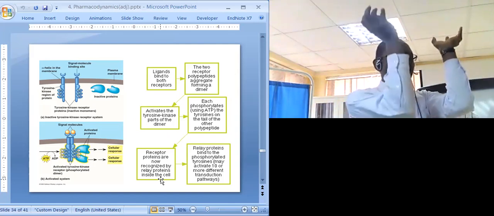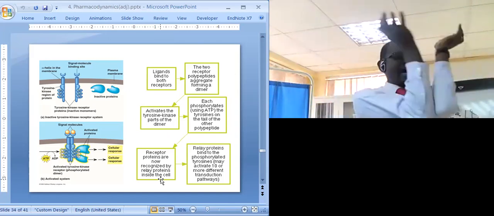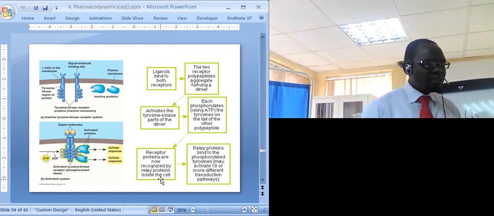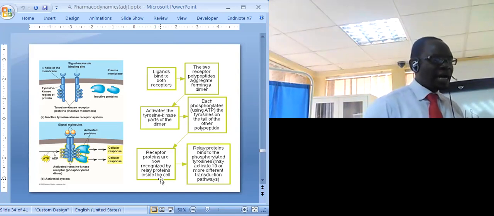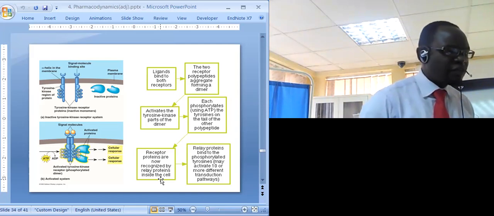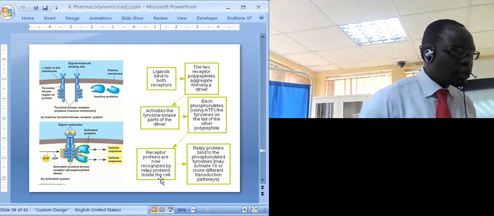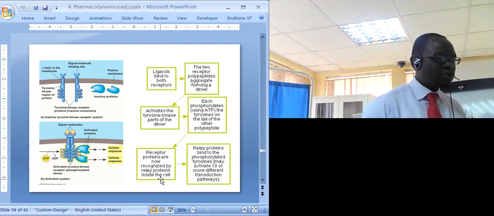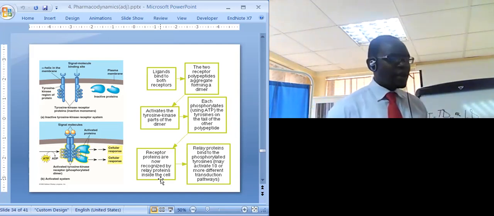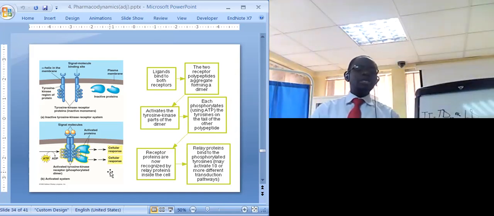Once it binds on both, because of the energy that is created, they bind together to form a dimer, and as a result, each one, using ATP, phosphorylates the tail of the tyrosine, forming a tyrosine phosphate, which is now active to bind to the enzymes, as you can see here, and then bring about cellular responses.